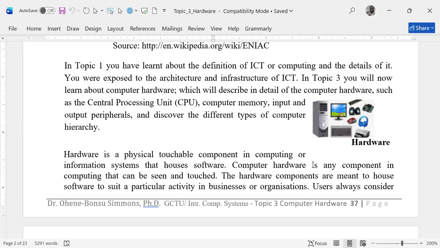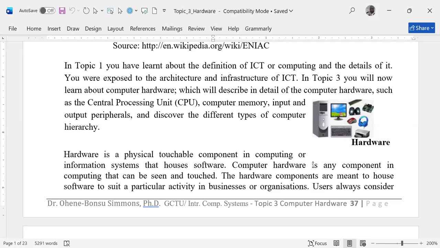But of these two components, always the software is considered when you are buying or setting up a computer system in your organization. Why? This is because the software is the content and the hardware is the container. So it's good to know your content before you consider the type of container that can house it.